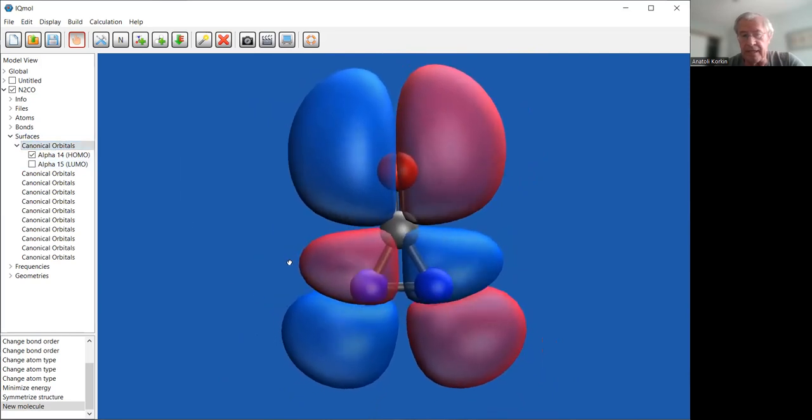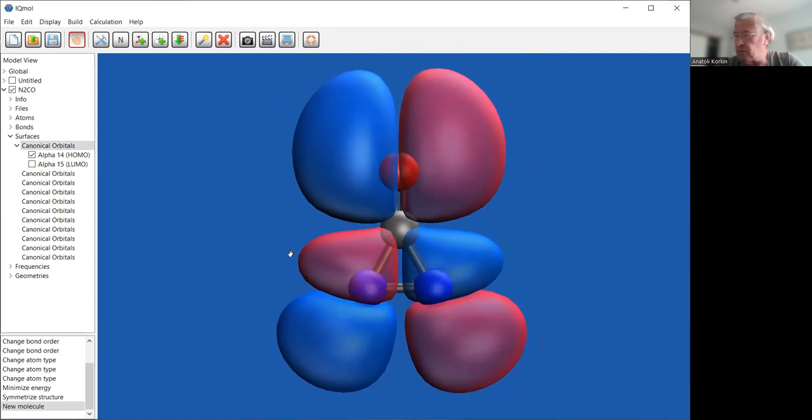If it's in plane, it would be either A1 or B1, but it's definitely B1 because it's not symmetric. It's anti-symmetric with regard to reflection of the perpendicular plane and to the C2 axis. So it would be B1 type of symmetry for this highest occupied molecular orbital. And it's a non-bonding orbital, mostly located on carbon and also partially on nitrogens as well.